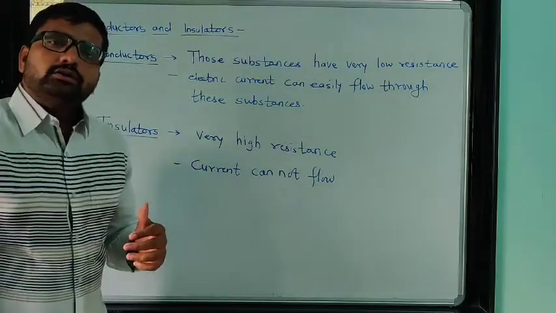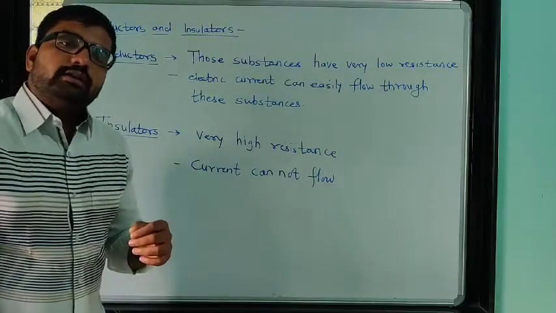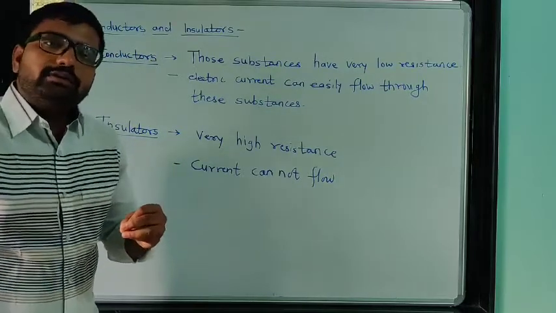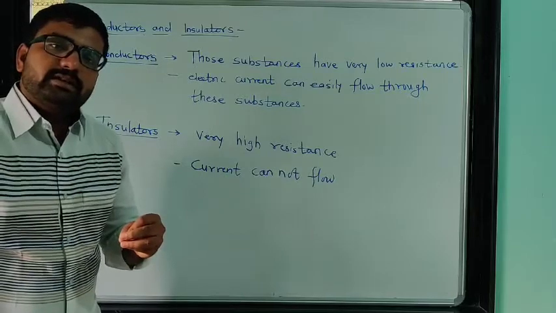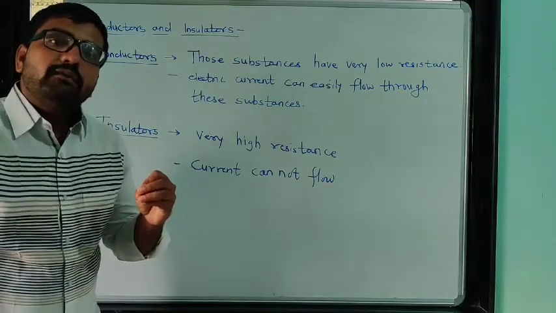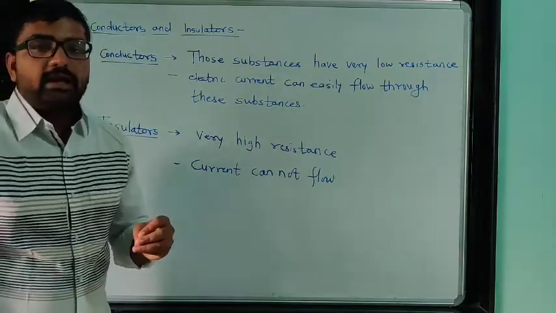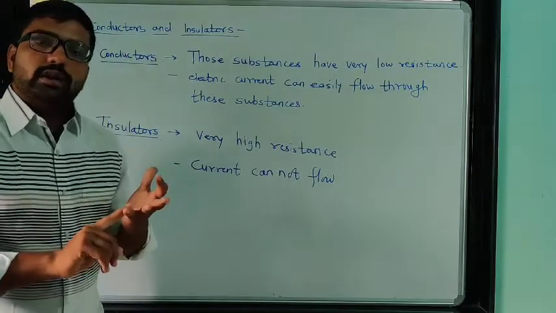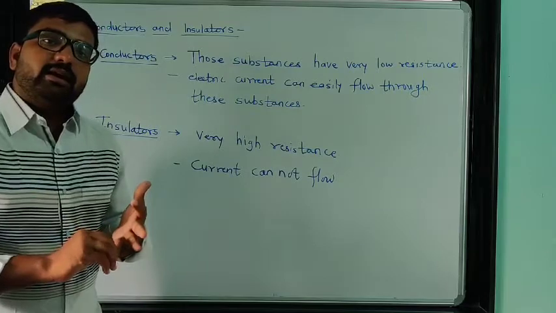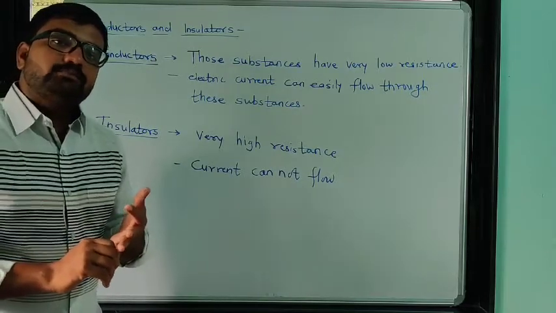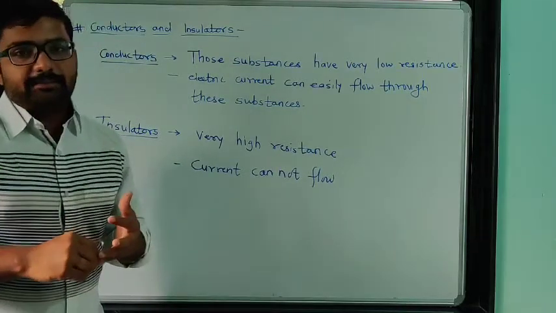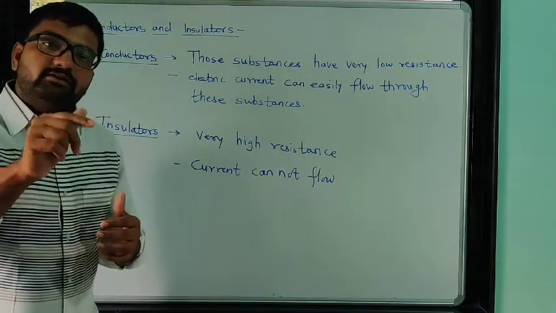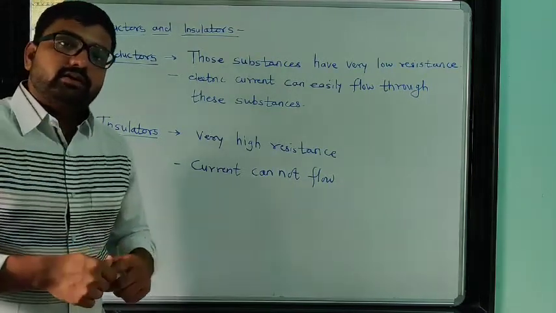If we think about these substances from the view of electric conductivity, then we see that in an electric wire there are lots of copper wires, and one insulating plastic cover is present on that wire.